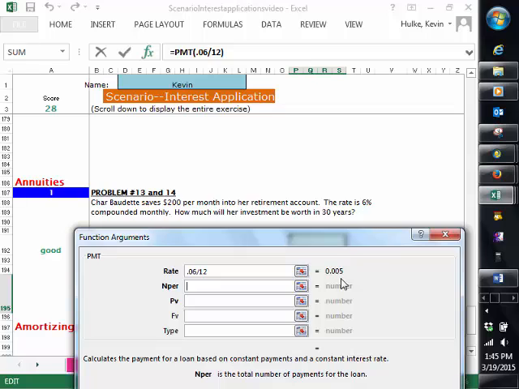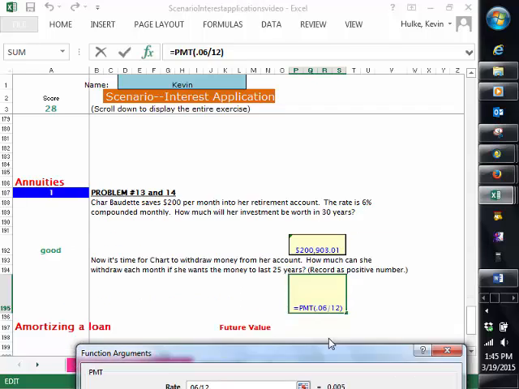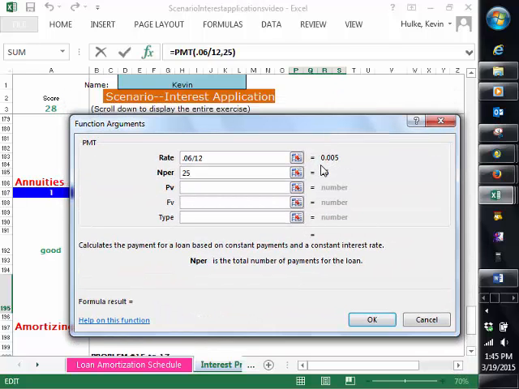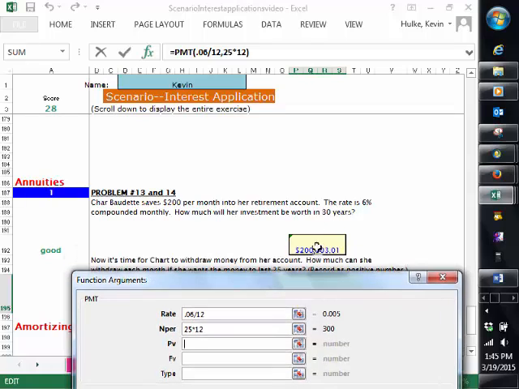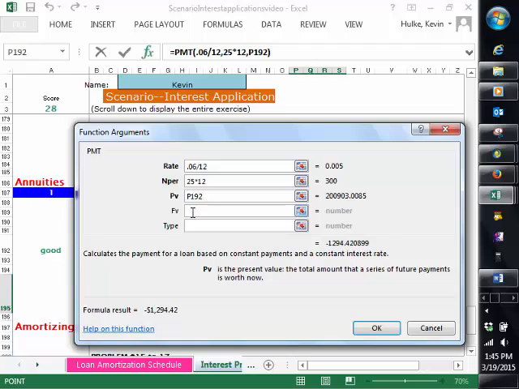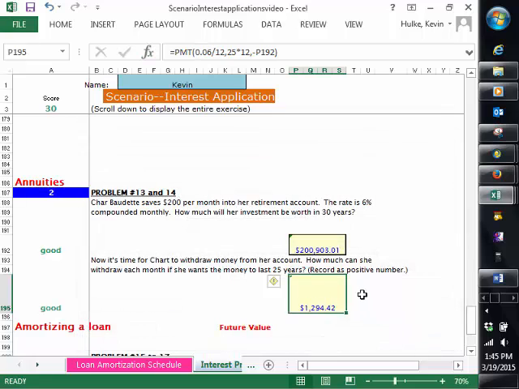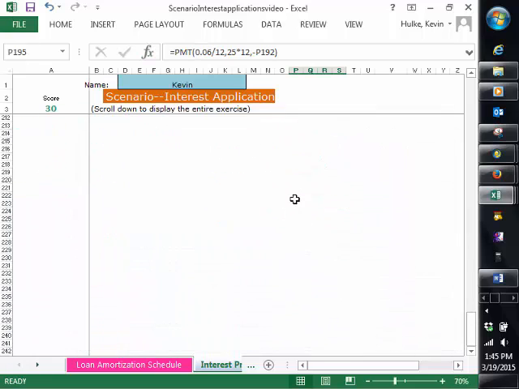For how many years does she want it to last? 25 years, but that's monthly. And she starts with this 209,001 cent. She doesn't end up with anything. How much can she? Oops, we should make that negative so that our answer is positive. So she could withdraw a pretty good chunk of change in order to get that amount.